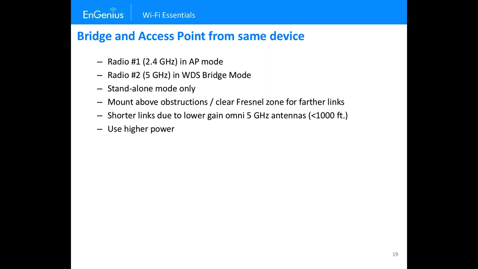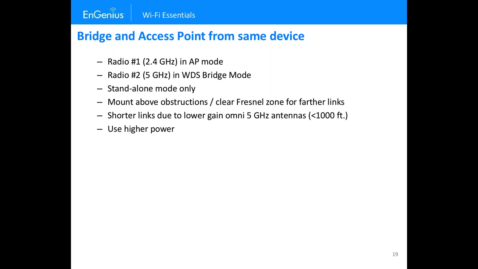The 5 gigahertz radio could be in AP mode, or it could be in WDS bridge mode and provided as a backhaul. And people do this. If you don't want a whole lot of throughput and you're giving up your 5 gigahertz radio for client access, but for acting as a dedicated backhaul, that's okay, you can do that. And so that's an example. You will have to put the radio in standalone mode. Okay, so keep that in mind.